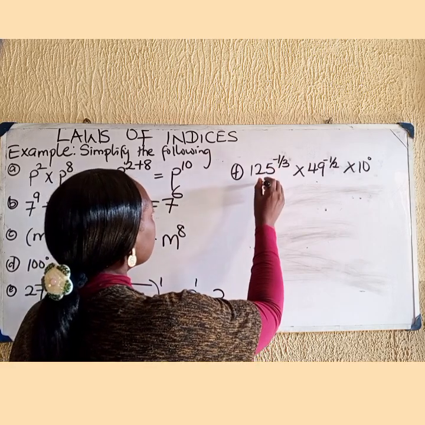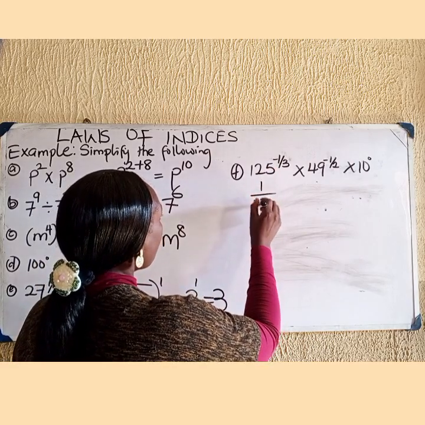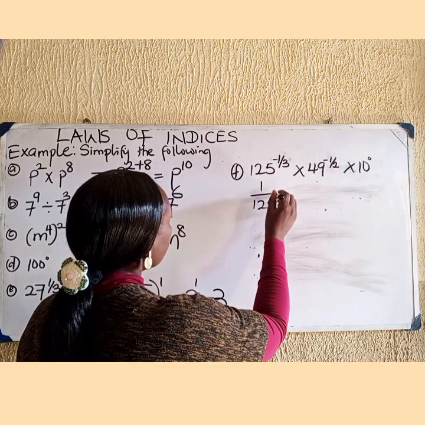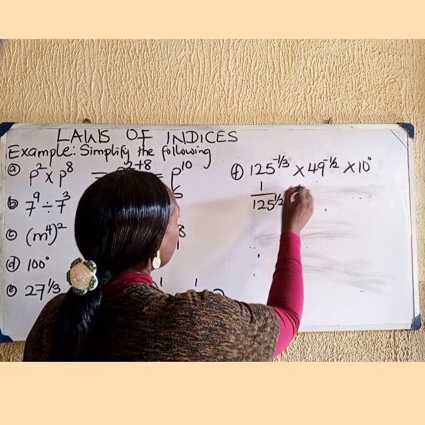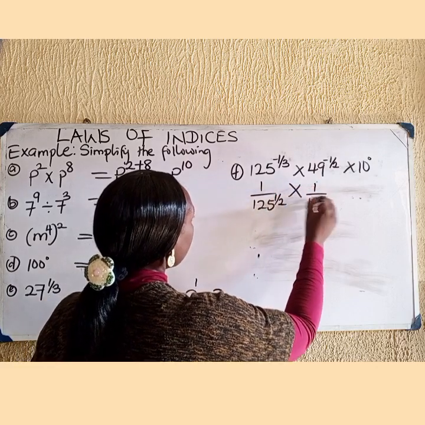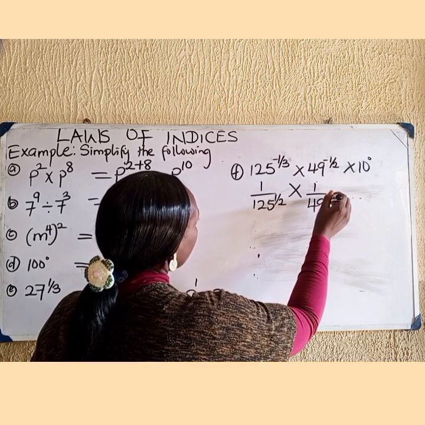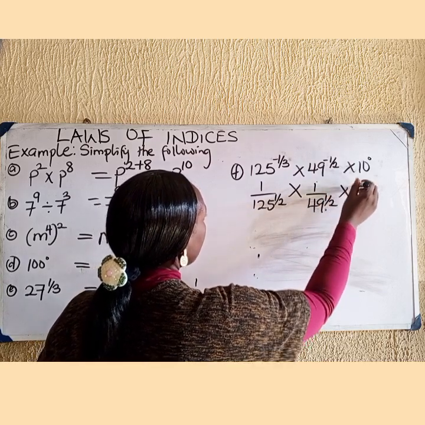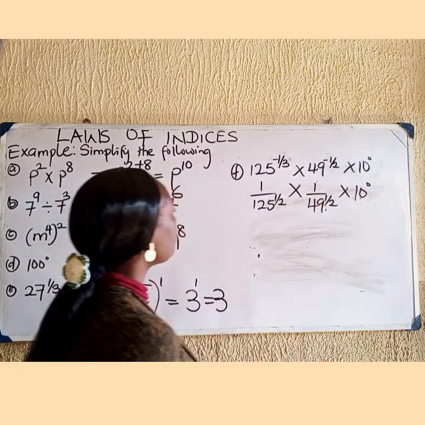So here is (1/125)^(1/3) times (1/49)^(1/2) times 10 raised to power 0.